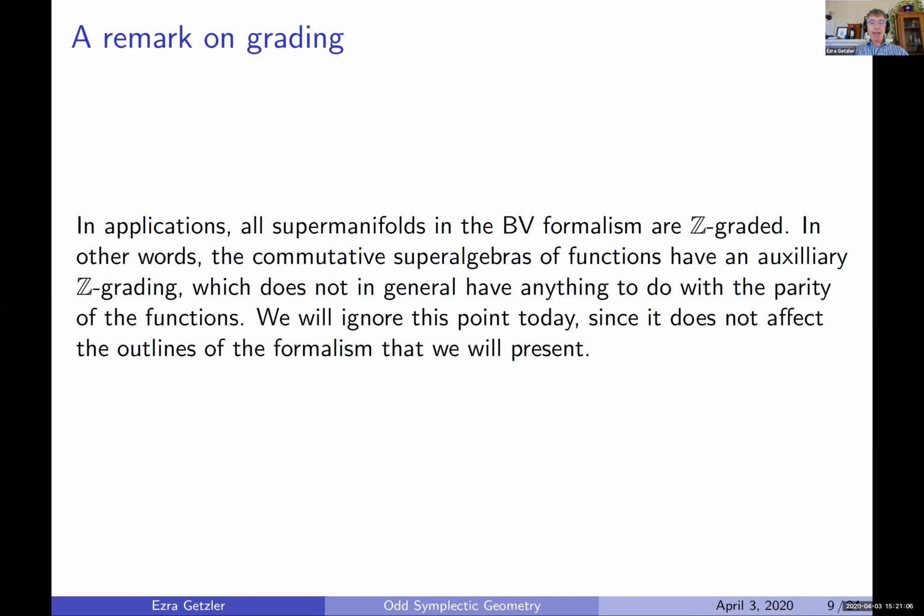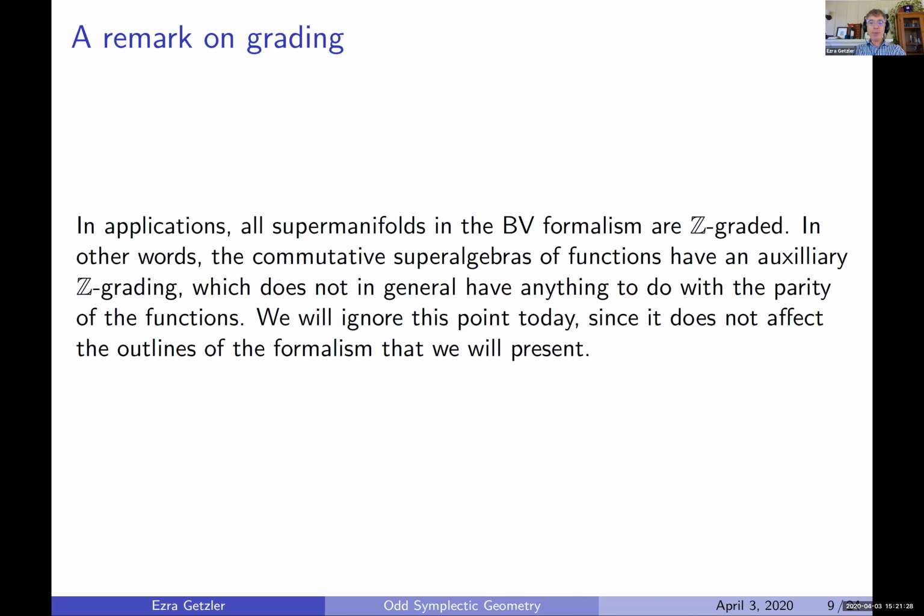Okay, so let me make a parenthetical remark that if you study the theory in the physics literature, you'll learn that all the supermanifolds in the BV formalism have an auxiliary Z grading. And that grading doesn't have anything a priori to do with the parity of the functions in the theory.